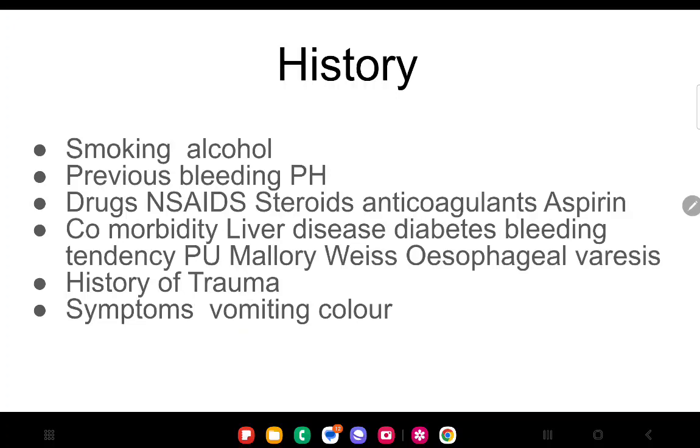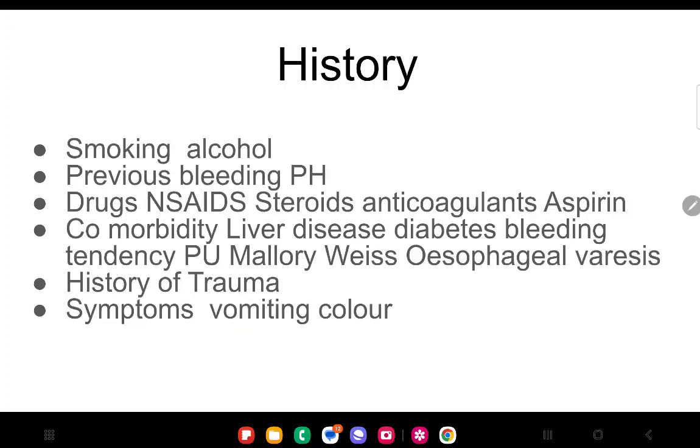Alcohol is also important in bleeding because it causes gastritis and vomiting, and it can cause Mallory-Weiss syndrome. Later on, chronic alcoholism can lead to liver cirrhosis and then portal hypertension. So alcohol is important in upper GIT bleeding.